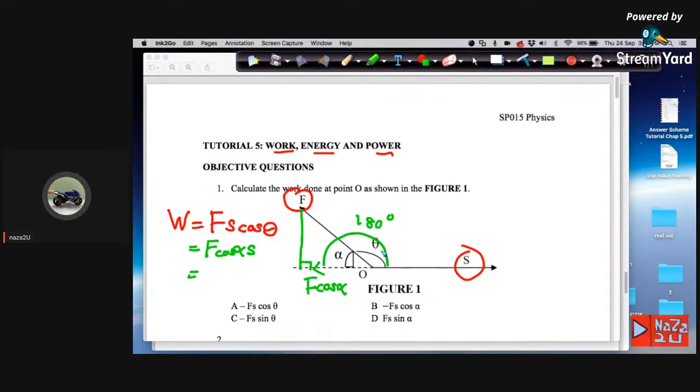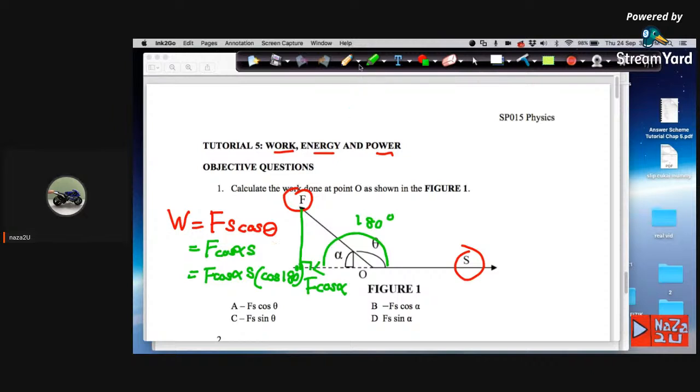So if you resolve the force, we have F cos alpha times S, and the angle here is 180.